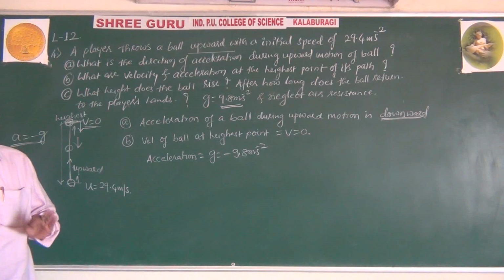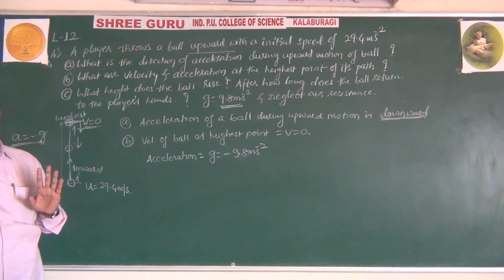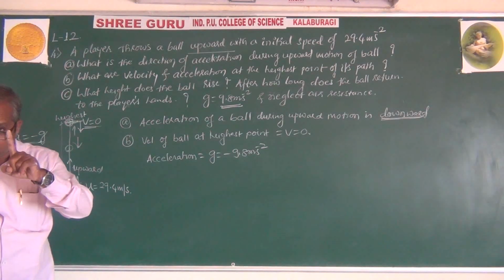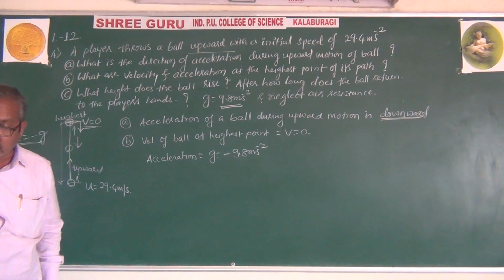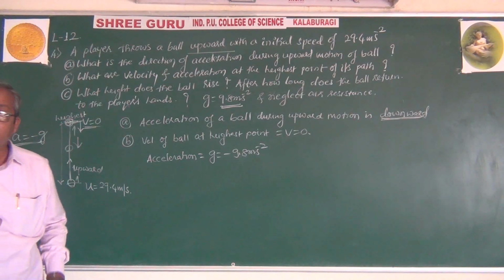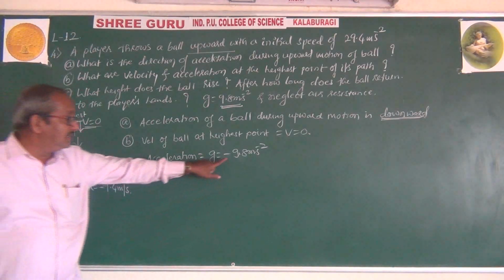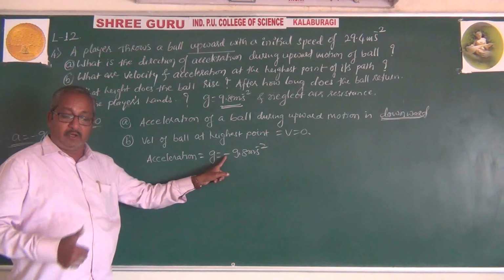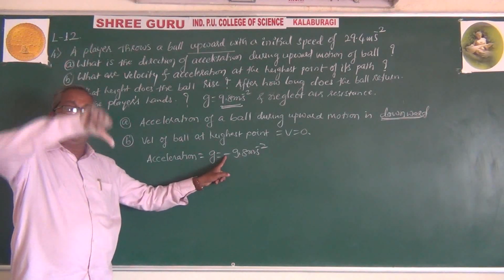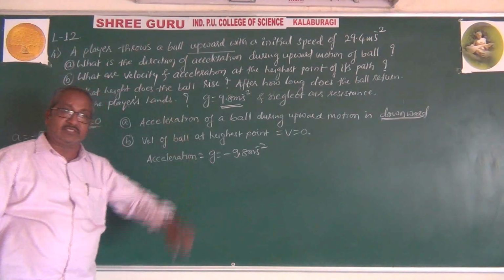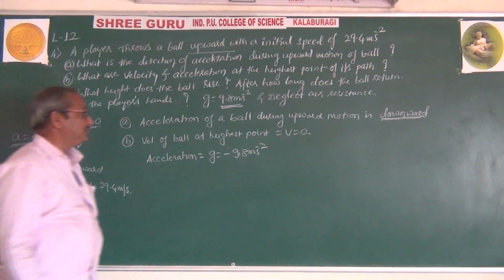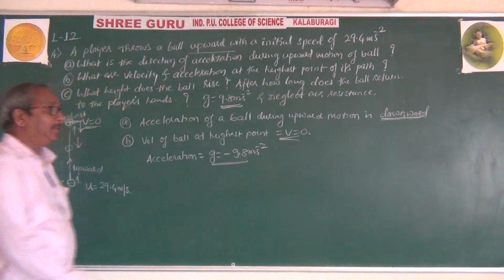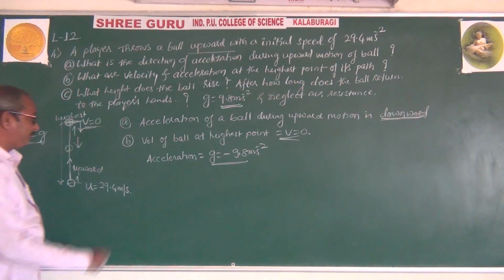Though the body is at rest, its velocity is 0, it still has an acceleration equal to the acceleration due to gravity. The negative sign is because the body is moving up while acceleration is downward. So the velocity at the highest point is 0, and the acceleration is 9.8 meters per second square downward.